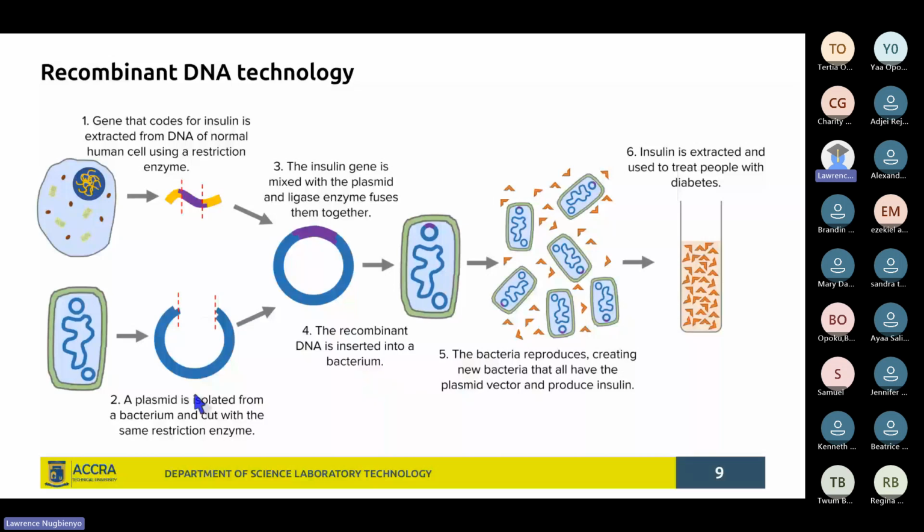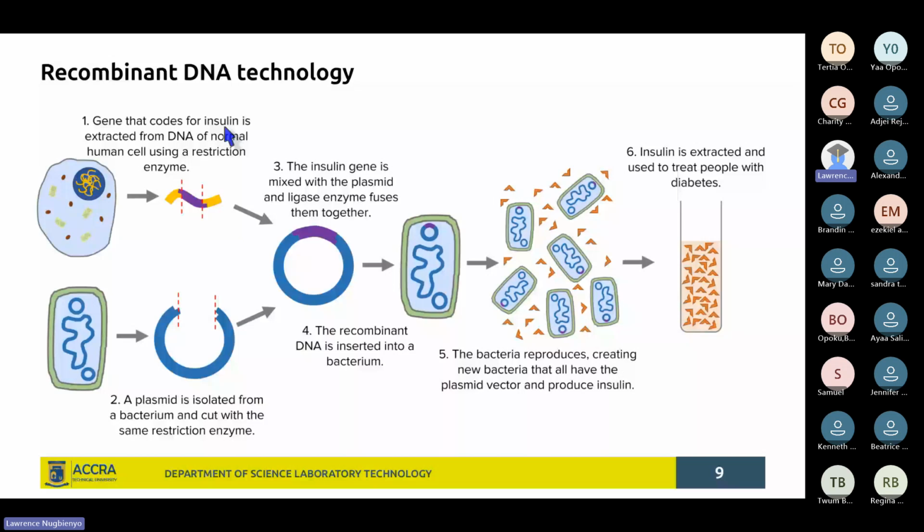But in this case of recombinant DNA technology, what you see is that there is a gene that is coding for, say, insulin. So the hormone insulin, which is responsible for keeping blood glucose levels normal, and you want to have the production of insulin in large amounts.